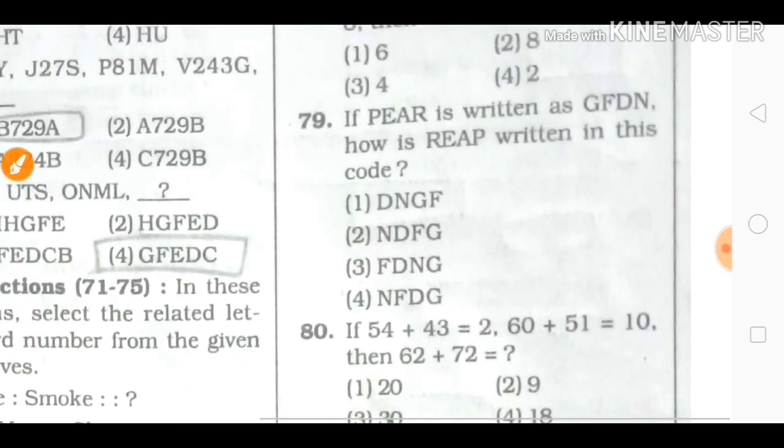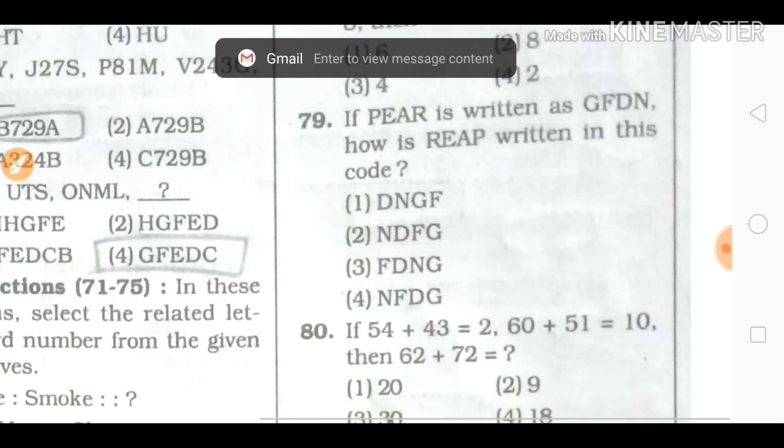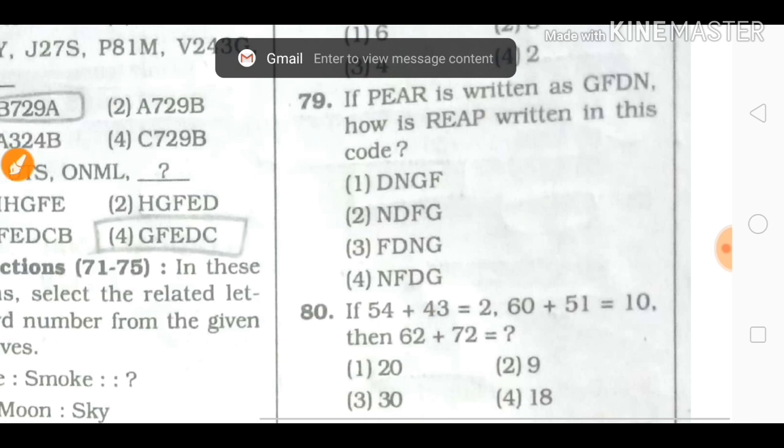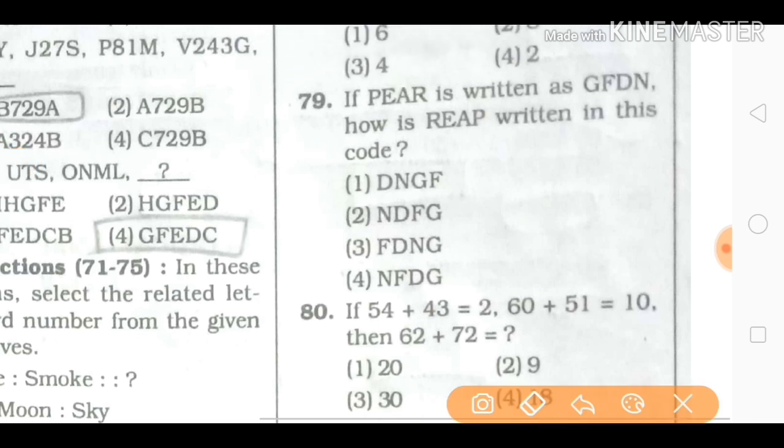The next one is what? 54 plus 43 is equal to 2. 60 plus 51 is 10. Then 62 plus 72 is how difficult? Very easy. All you have to do is 54 plus 43.